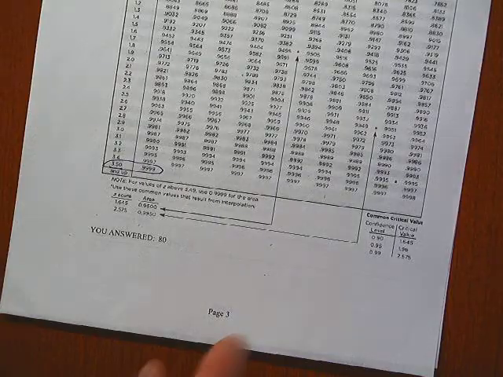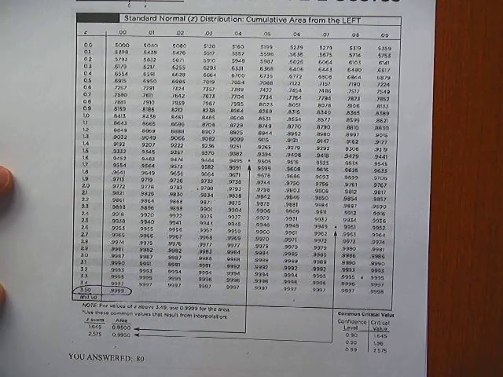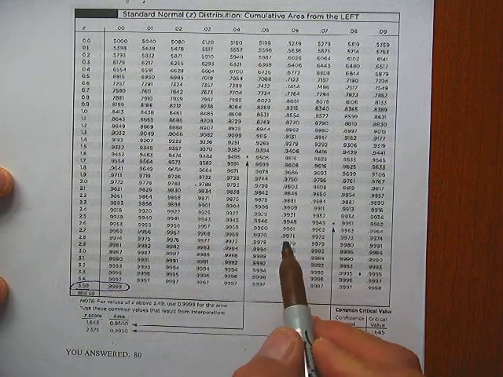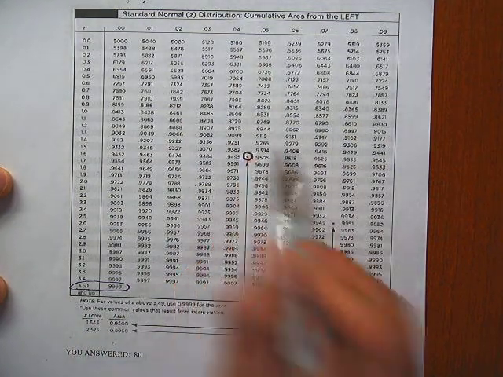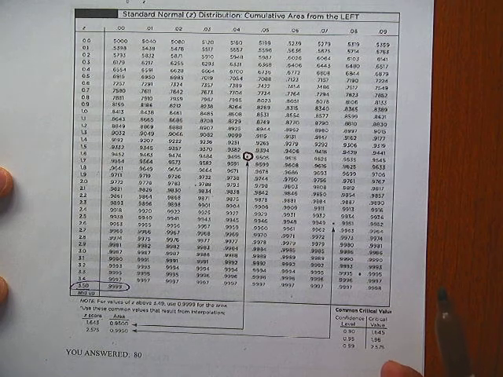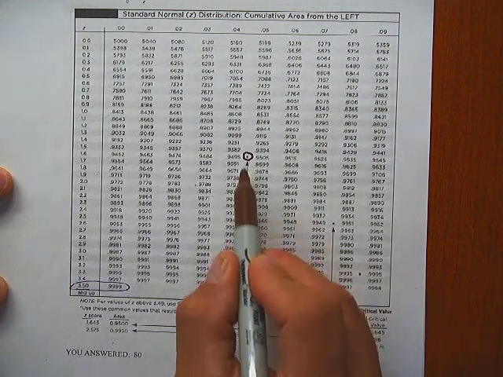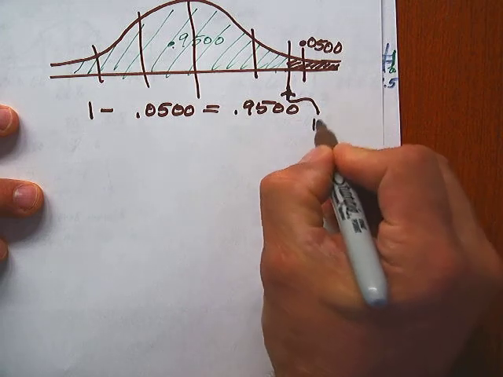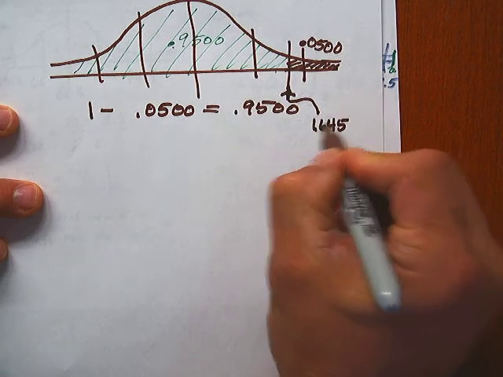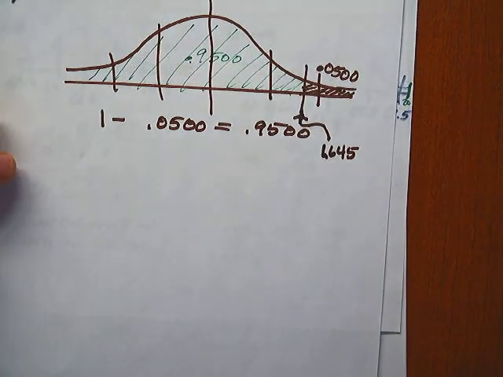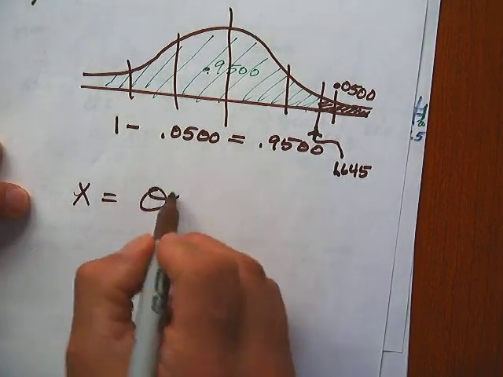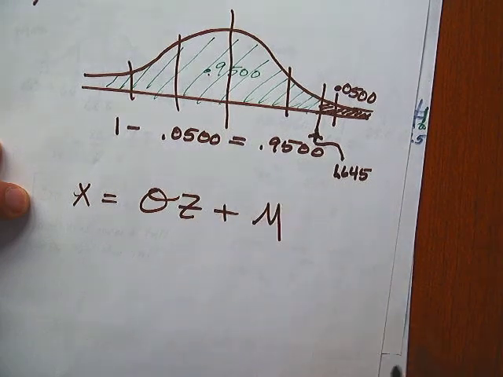So our table A2 will give us this z-score right here that's comparable to 0.9500. So you take your handy dandy positive z-score table, and I'm not going to zoom in because you should have it, and we're going to look up 0.9500. 0.9500 is right in the middle of the table, and you follow it down, it says 0.95 is equal to 1.645. So that z-score is 1.645.